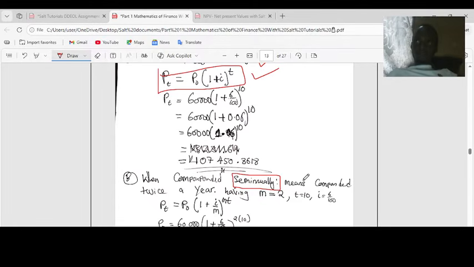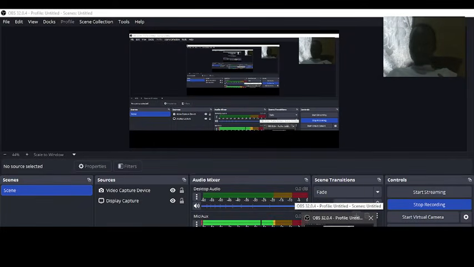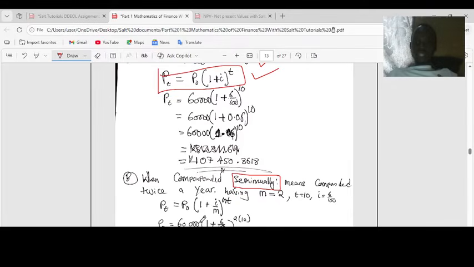So every year our interest will be compounded twice. It means our formula is affected. So how am I going to affect my formula?